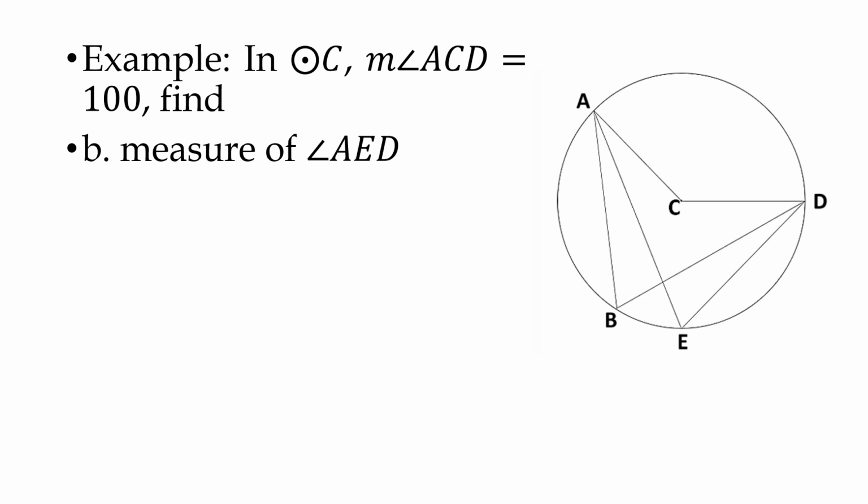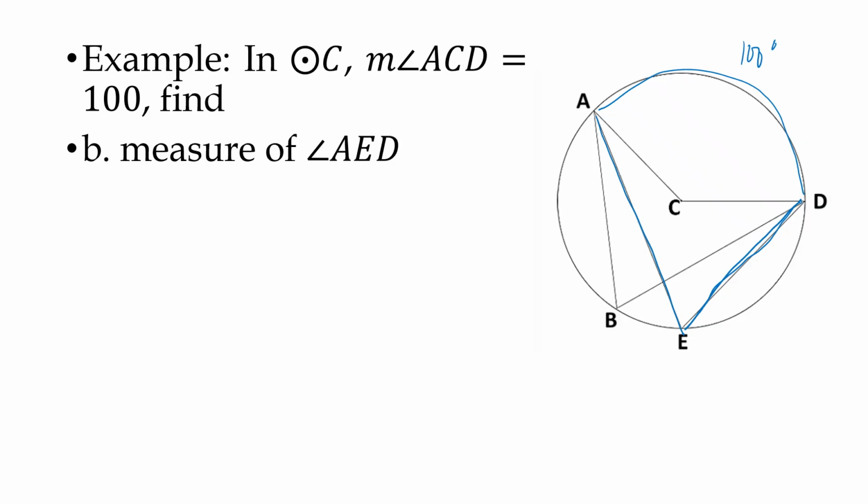Next, B, the measure of angle AED. Angle A, E, and D is an inscribed angle and it intercepts arc AD, diba? Arc AD is already 100 degrees.